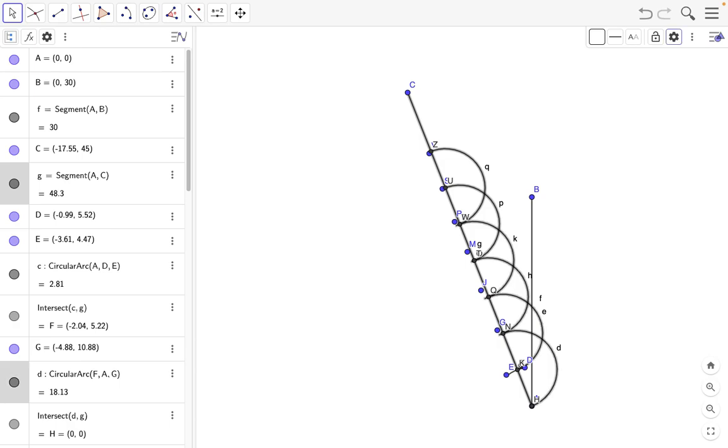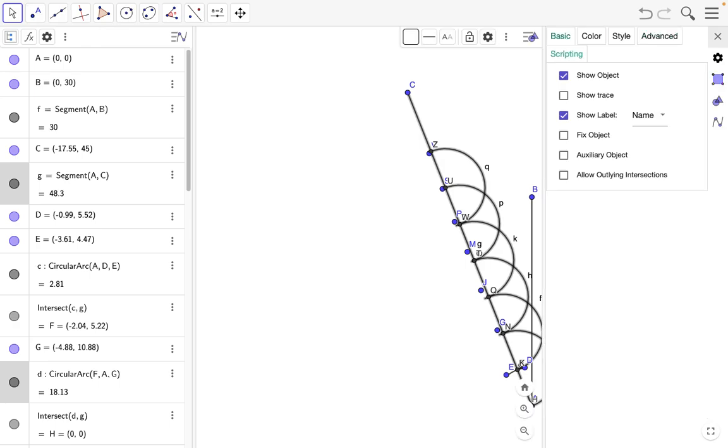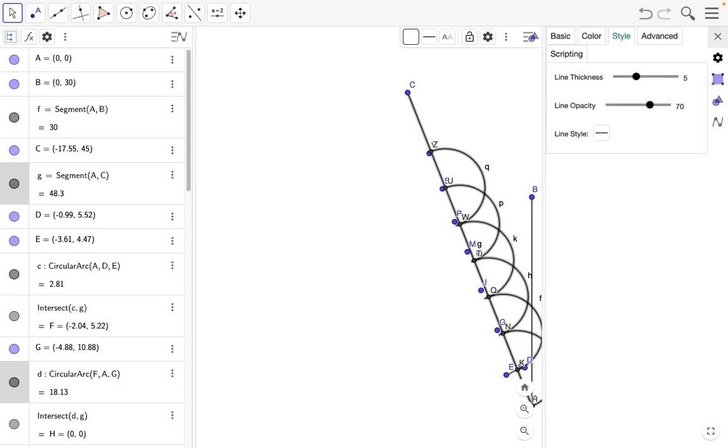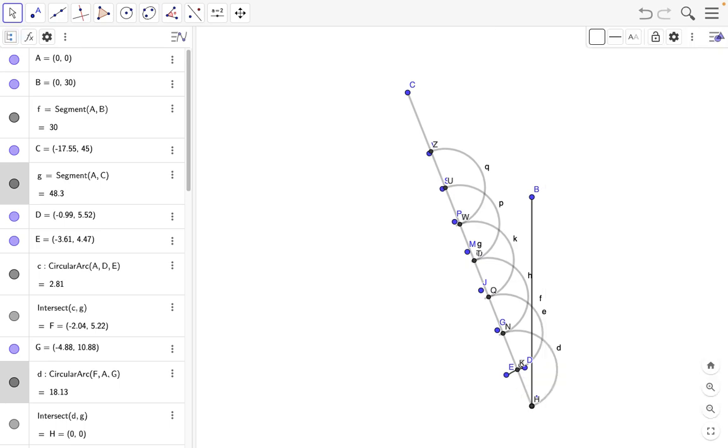Now we will go for settings. Now style, in this we will make this line thickness minimum and the opacity of say 10, so that we just can see that. You can see very faint lines.